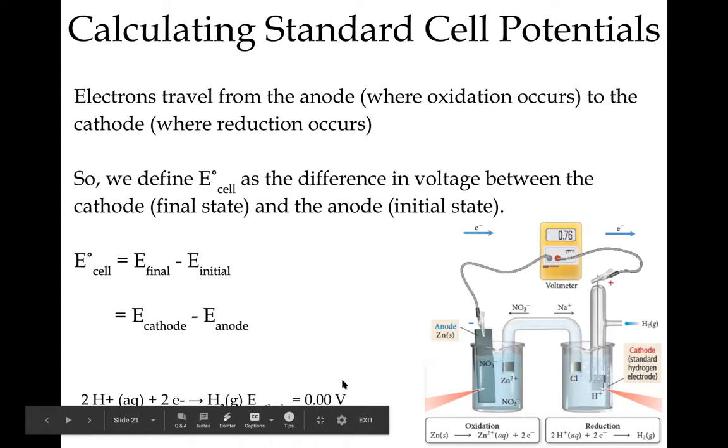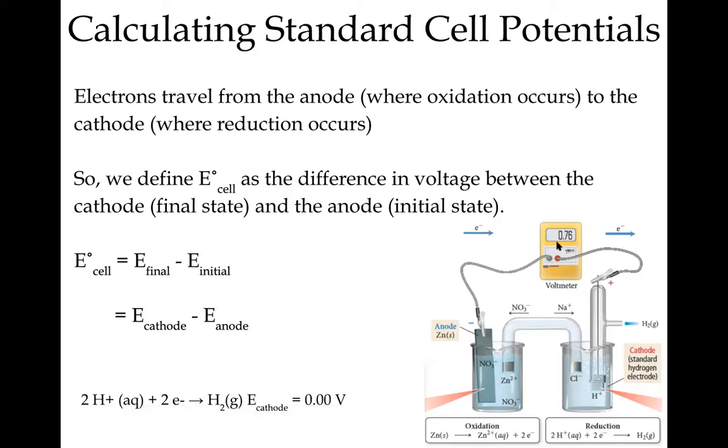All right. Now these are hooked up to a voltmeter, and it's saying that the overall net voltage is 0.76. Okay. So our standard cell potential is 0.76.